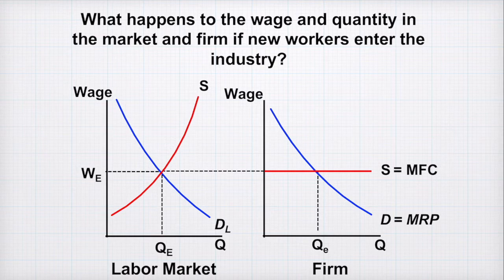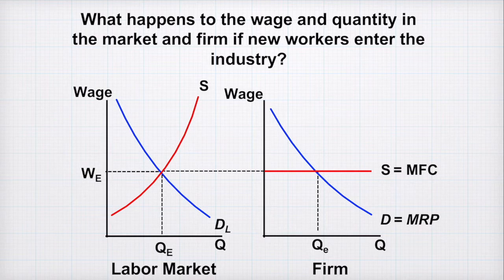Maybe more people are entering a particular labor market, perhaps a licensing requirement was eliminated, or more people just want to enter this industry, more people want to become dental hygienists or whatever. What is that going to do in the labor market for that particular form of labor? And how is that going to affect an individual firm that hires its workers in that labor market?